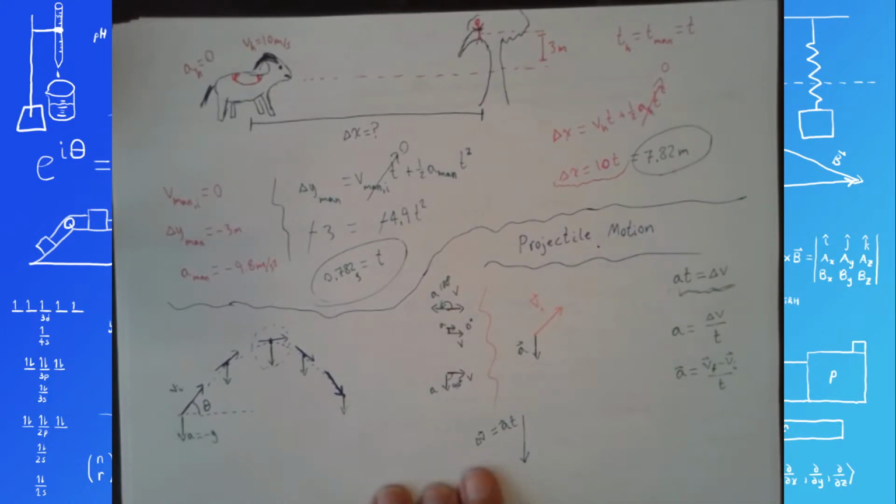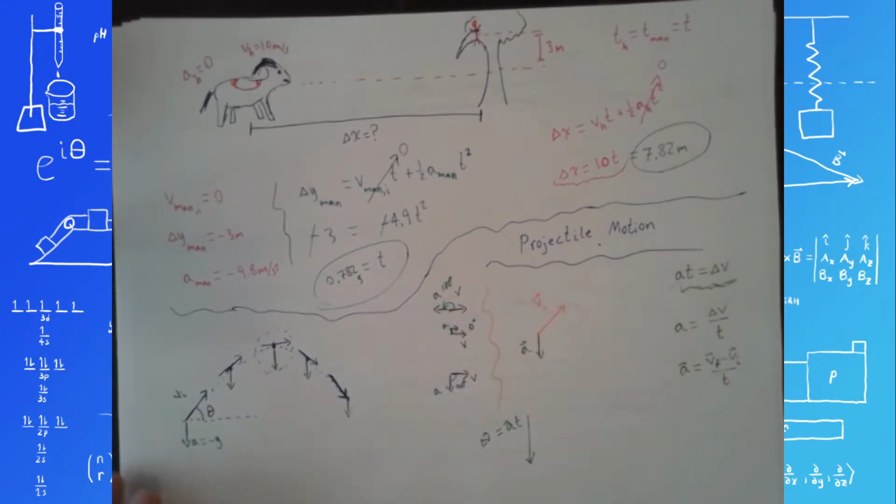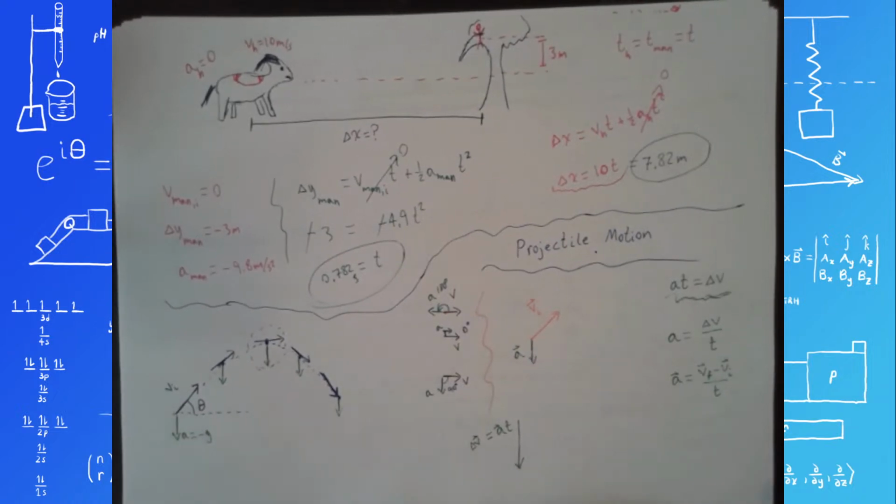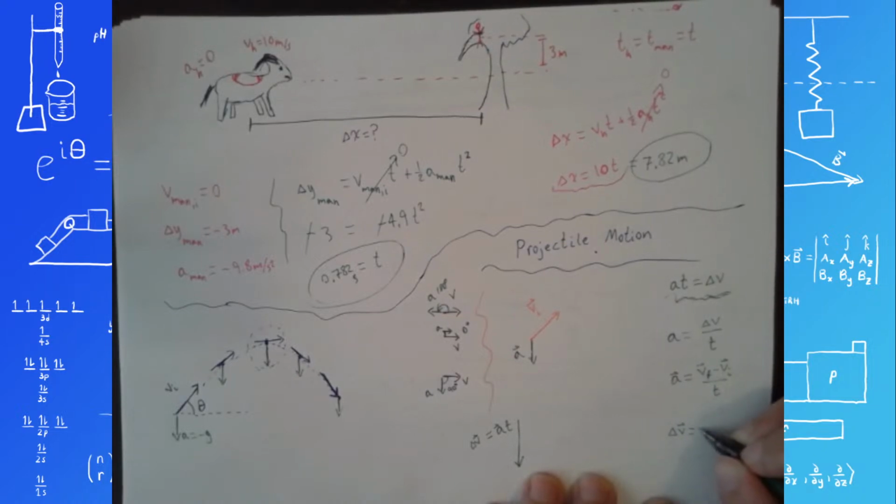And if we add the change in velocity to the initial velocity, we get the final velocity. That's the definition: change in velocity equals final velocity minus initial velocity. So if I add initial velocity to my change in velocity, then I get the final velocity.